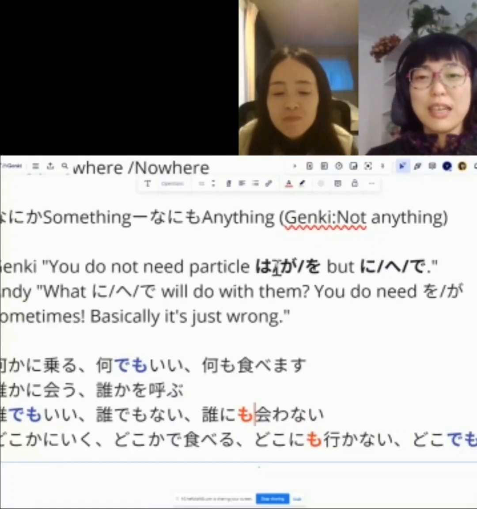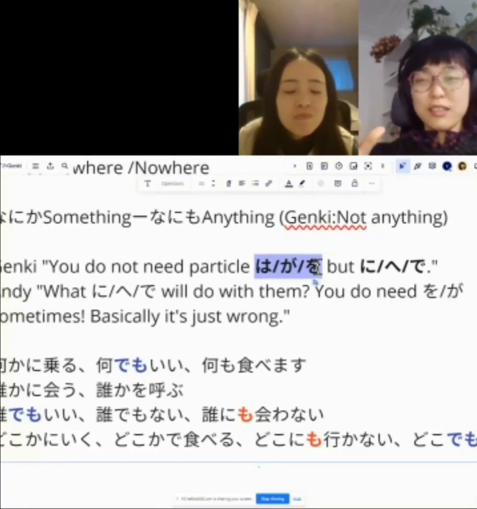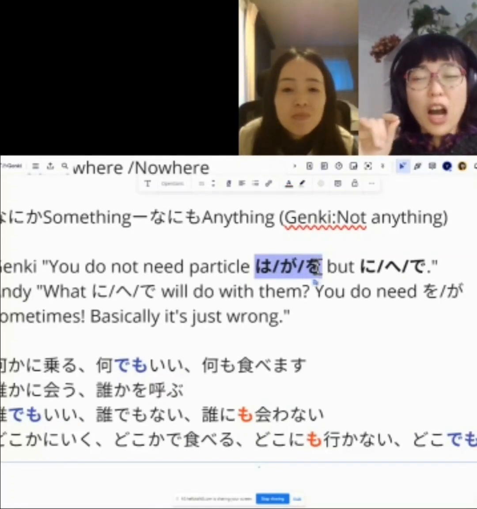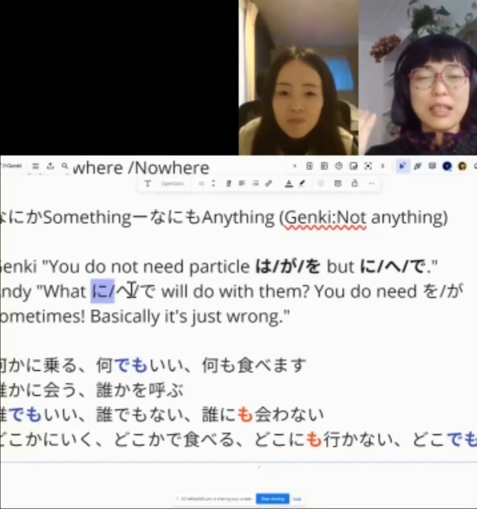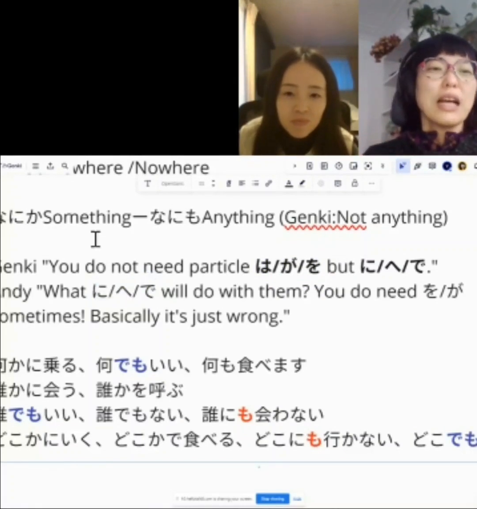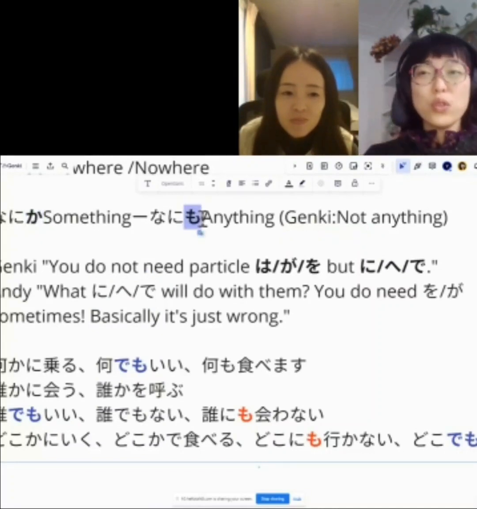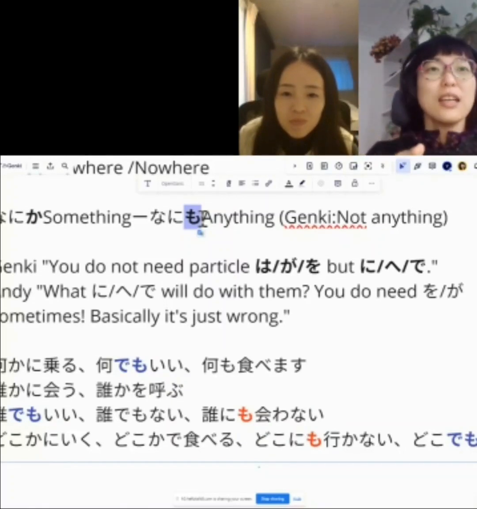Okay, the point is here, wa ga o, those like all-star generic common particles, and ni e de, a little bit less common, but still regular particles. You have to deal with, and the key words are ka and mo. That's definitely true. Genki wanted to just keep it this way.